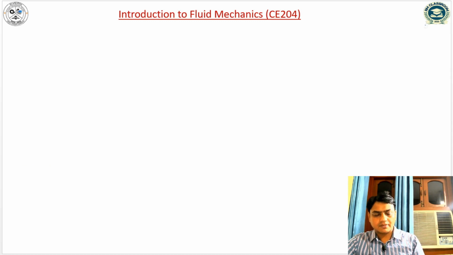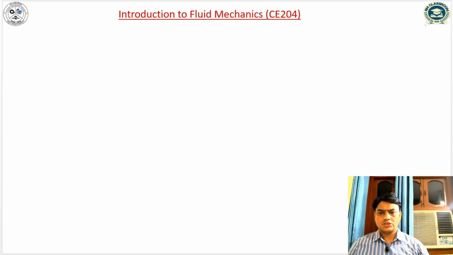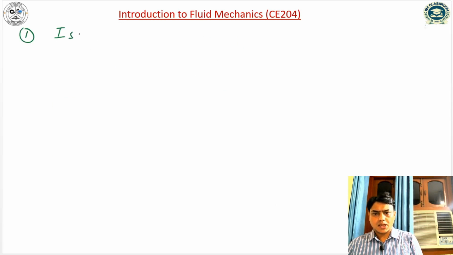This can be written in two forms, one is the adiabatic form, and the other is the isothermal bulk modulus KT. Two cases I will discuss.